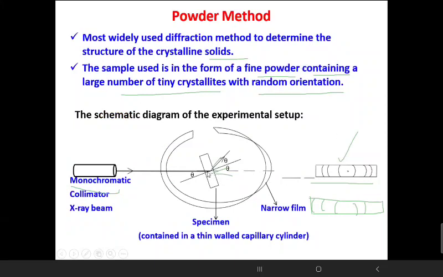And also we are observing the patterns with different angles. But lambda is fixed here because we are using monochromatic light, mostly X-rays. So, let me analyze this pattern.